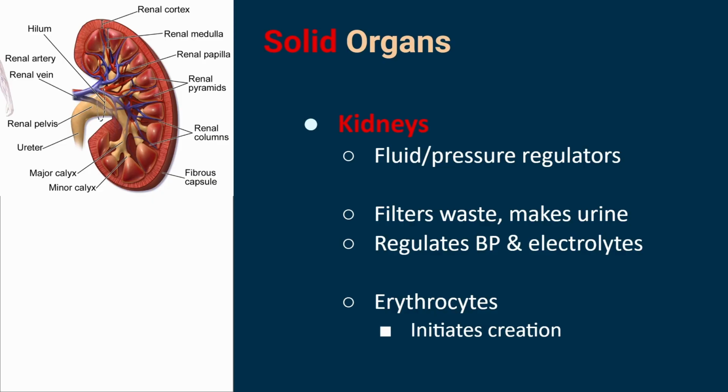So why is it, if I have liver dysfunction, that I could become jaundiced? Well, what is the liver doing to erythrocytes? It's breaking it down into what? Bilirubin. And bilirubin is yellowish.